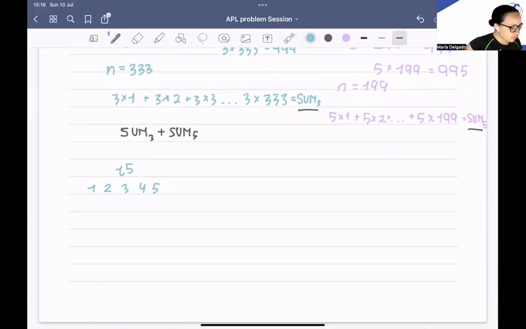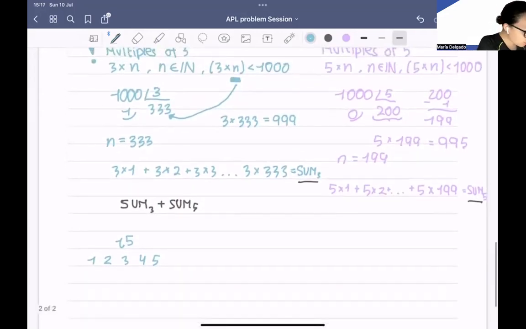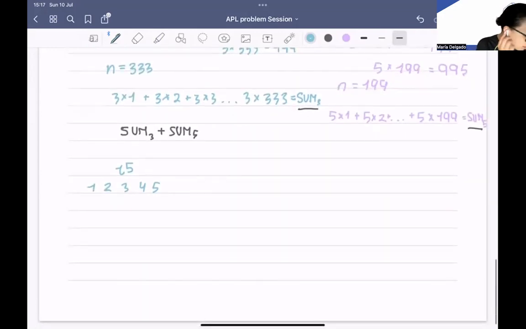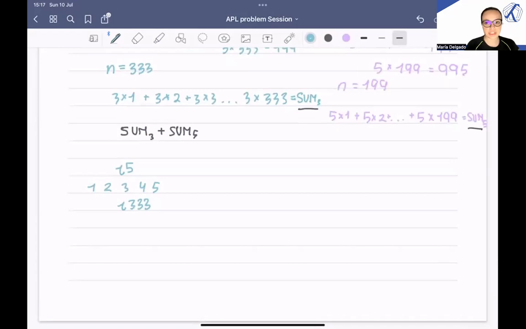Well, we know that we are going to get 333 values in this vector. So it will be iota 333. And we need to multiply it by 3 because it will give us our multiples.